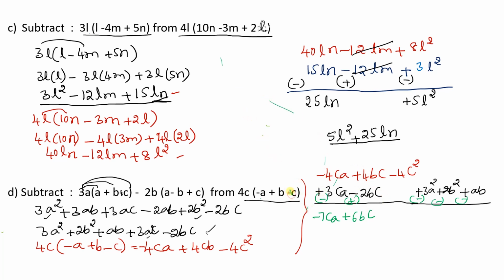It is given as plus c only. Then it will be plus 4c square. Here also plus 4c square. Then minus 3a square minus 2b square minus ab. So this is the difference.